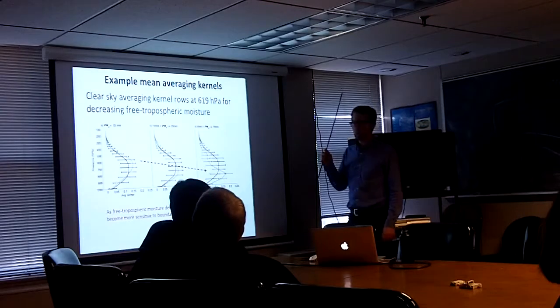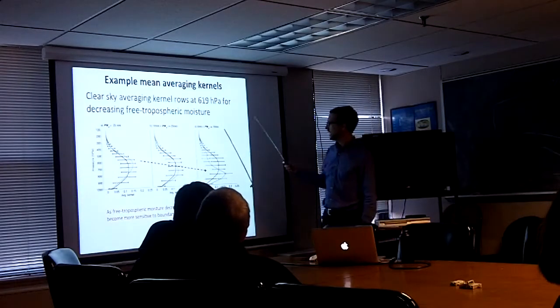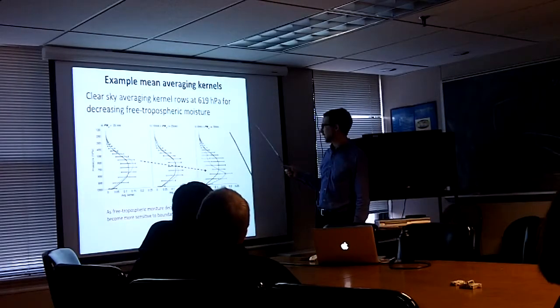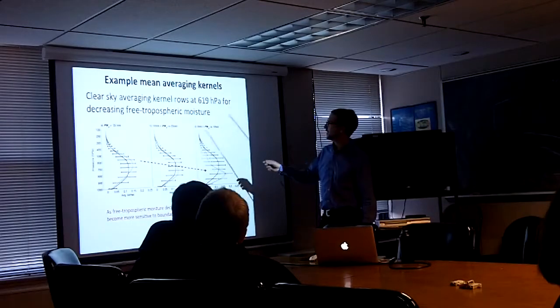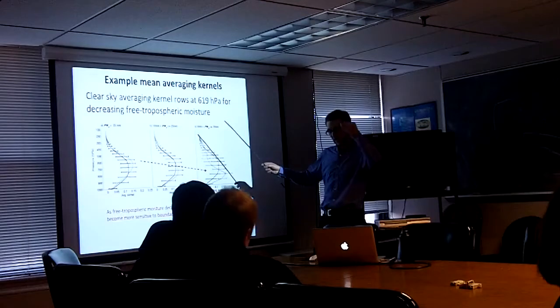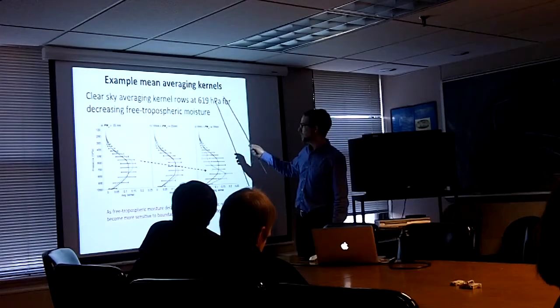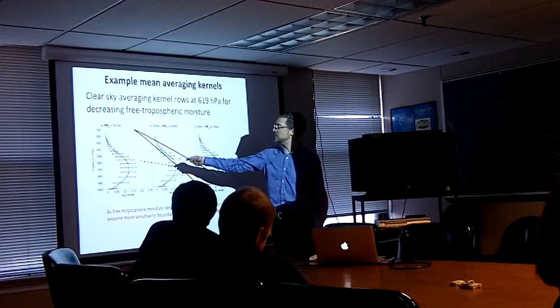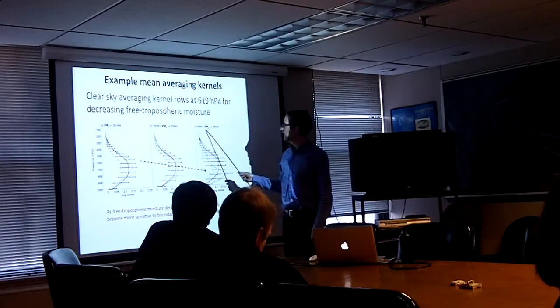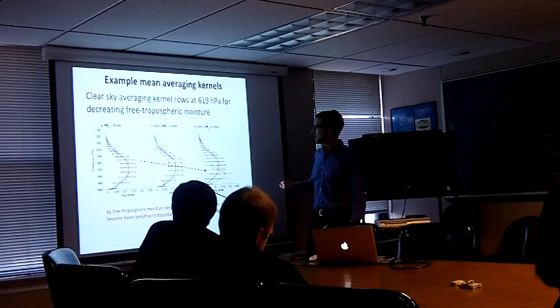And then we also want to determine how well the averaging kernels are separated. Each of these is under clear sky conditions. This is that averaging kernel row at 619 millibars for decreasing amounts of precipitable water in the free troposphere.